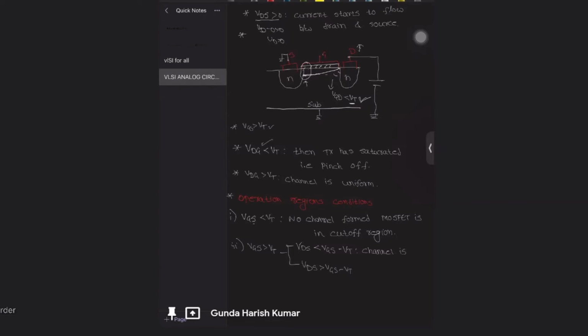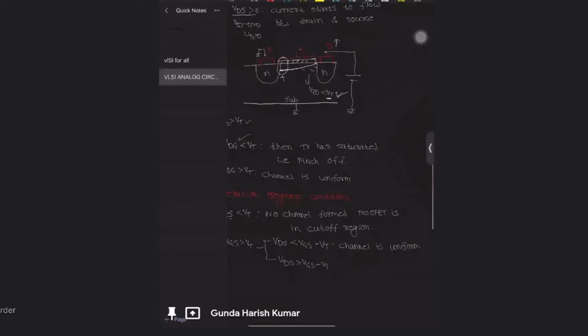In this case the channel is uniform, and the MOSFET is in the triode region. Another case is VDS greater than VGS minus VT. Here the channel is pinched off.